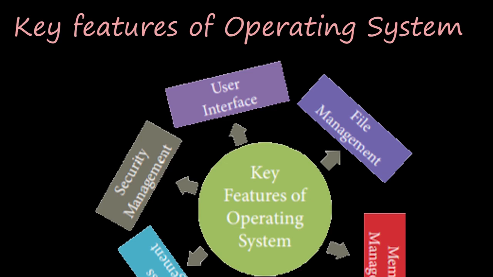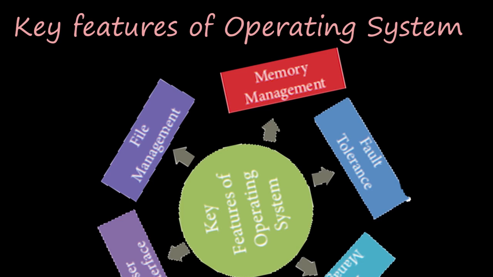Memory management means data will be taken from memory and processed. That is managed by this operating system. Memory management is the process of controlling and coordinating the computer's main memory. We have a memory block, and each part is separate.